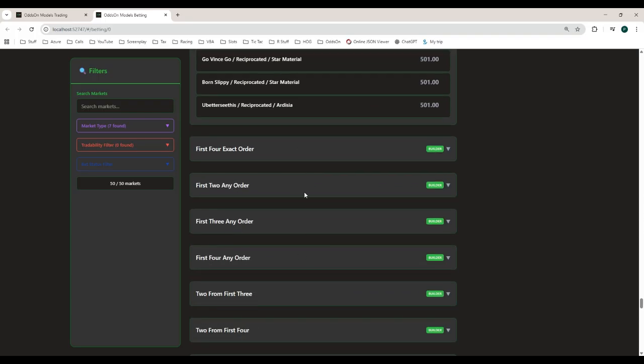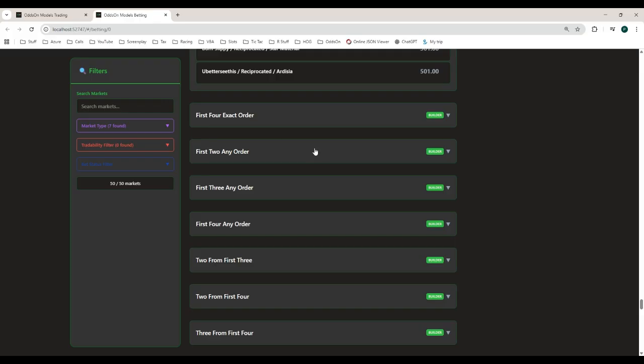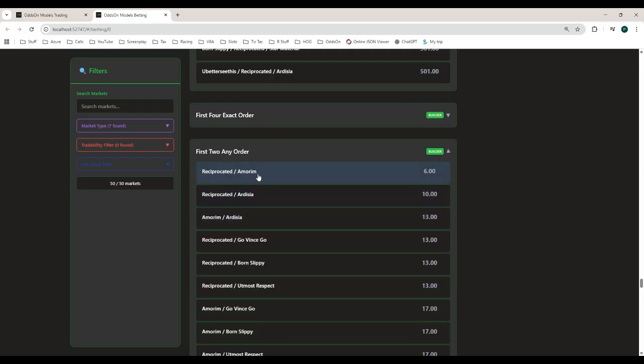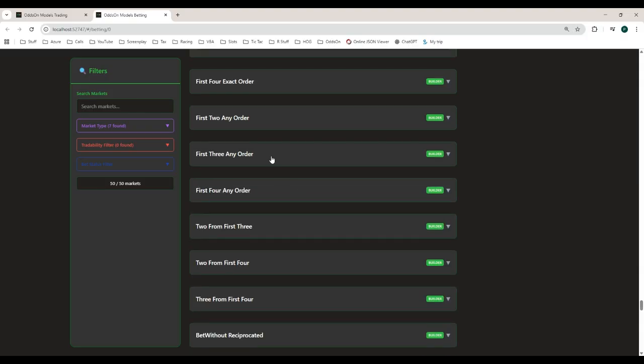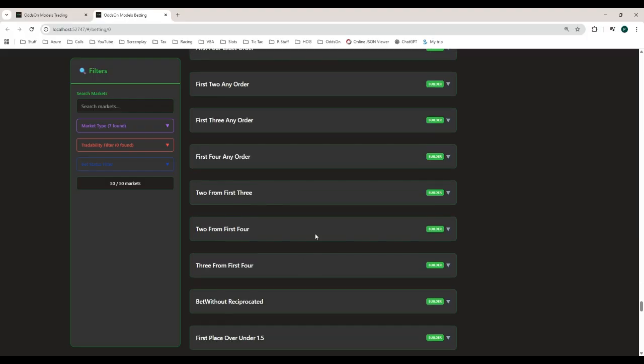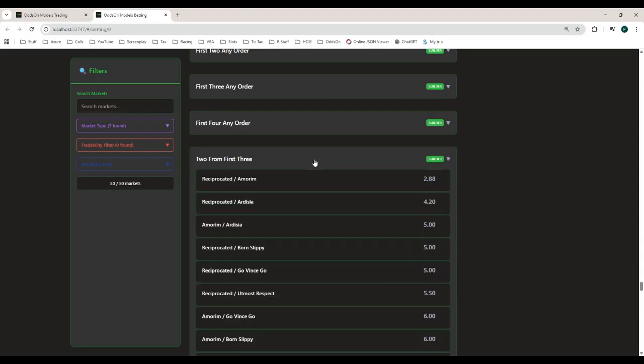Going down, we also do the reverse bets. So first two any order: now Reciprocated and Amarim, either way round, it's roughly half the price of what it was when you took the specific order. We've got the same for the first three and the first four. We also do some other tote style bets, so two for the first three.